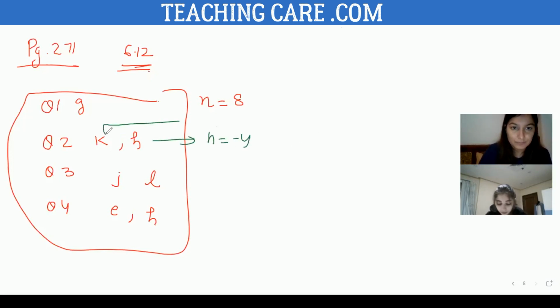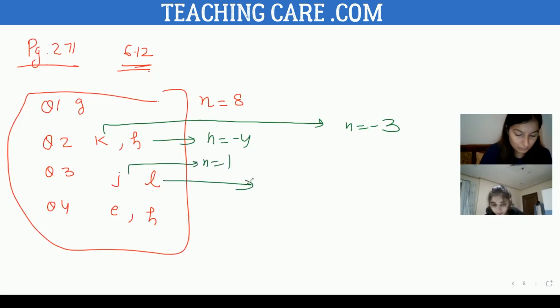And for K, I got n equals -3. Correct. For question 3J, I got n equals 1. Correct. For L, I got n equals half: 2n plus 1 equal to 2, 2n equal to 1, n equal to half. Correct.